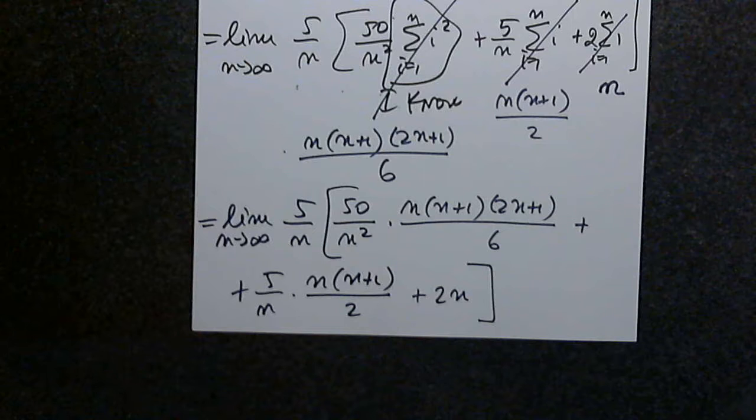What did you accomplish? A lot. We got rid of the summation notations. We replaced them by something that we can handle. They may not be nice, but at least we can handle them.